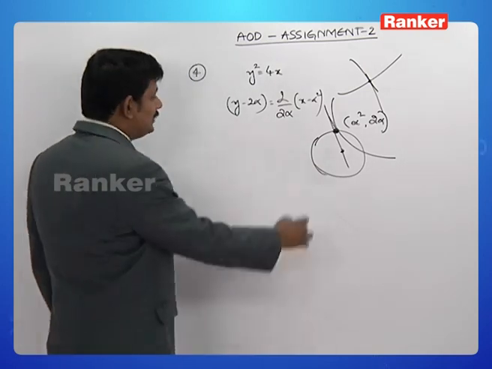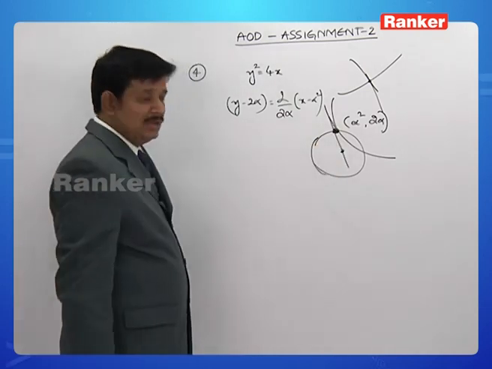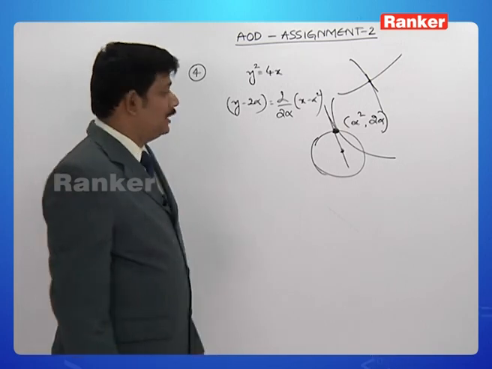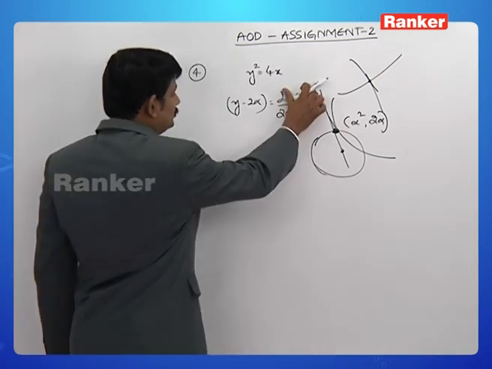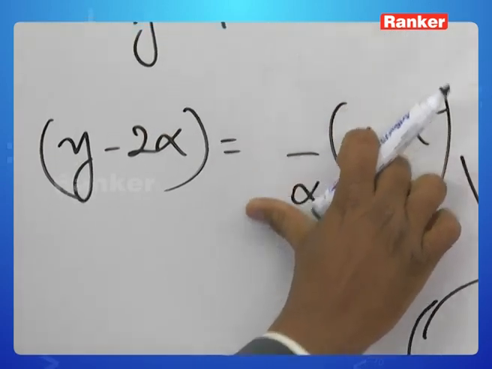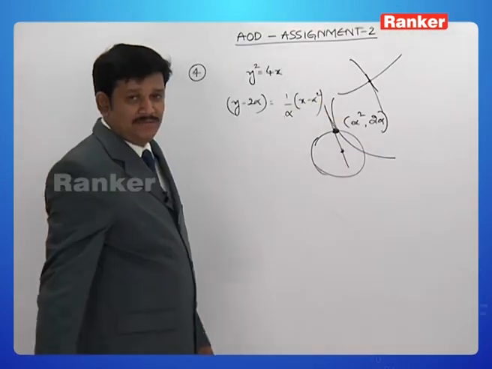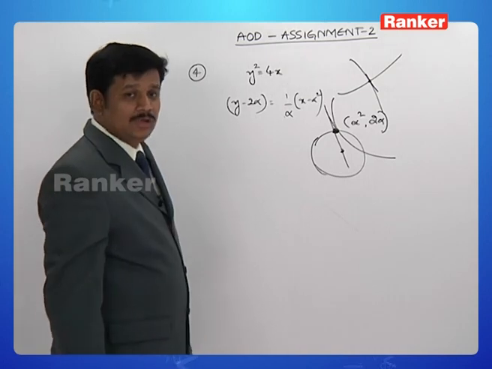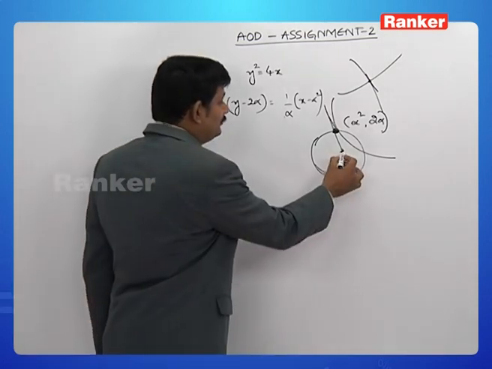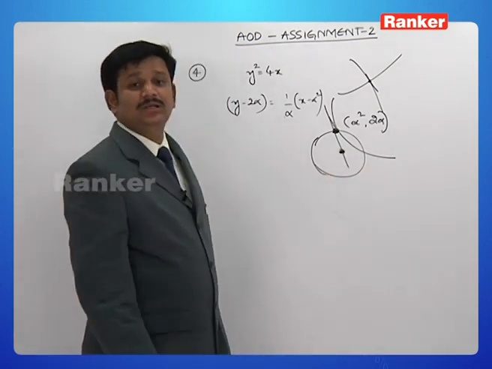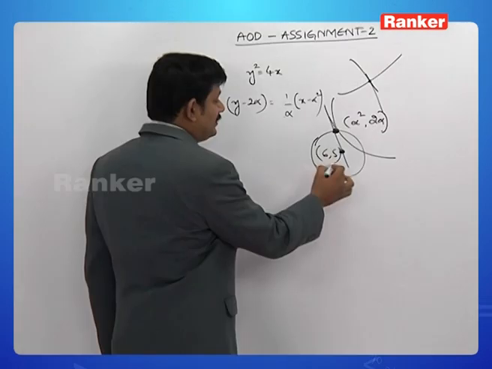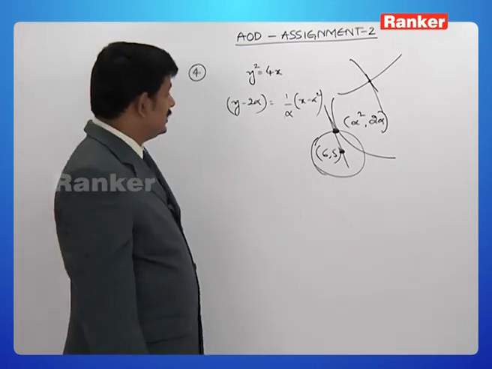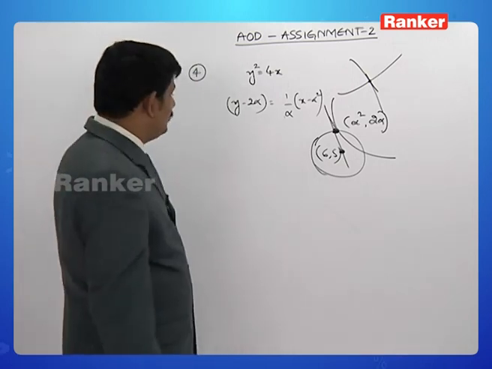So the equation of the tangent to the parabola at alpha square comma 2 alpha is given by y minus 2 alpha is equal to 1 by alpha into x minus alpha square. Now, this should become normal to the circle, that is, it should pass through the center of the circle. The center of the circle is given as 6, 5.